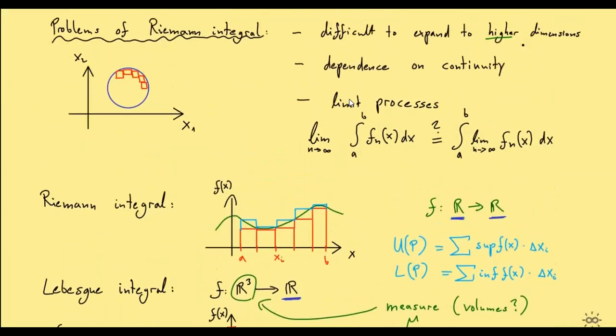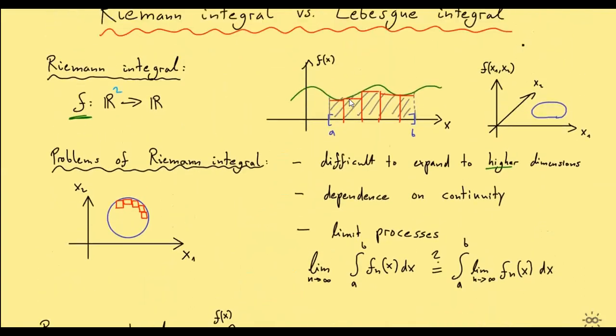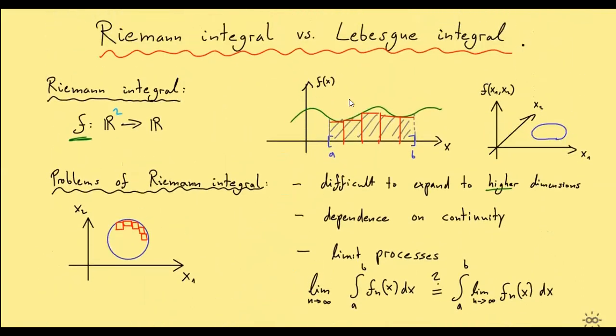And also for the last point, these limit processes, we have good answers. We will see that we have very good limit theorems that describe these limit processes for the Lebesgue integral. Even strong results for the one-dimensional case, but also in the general case of measure spaces.